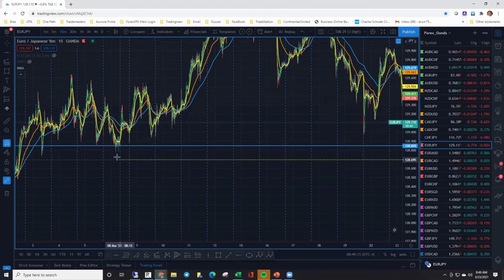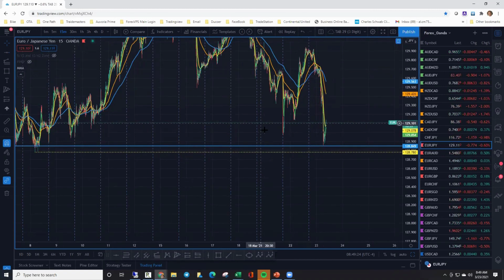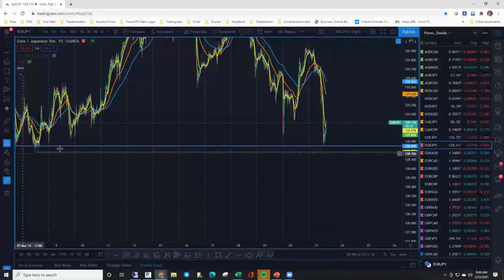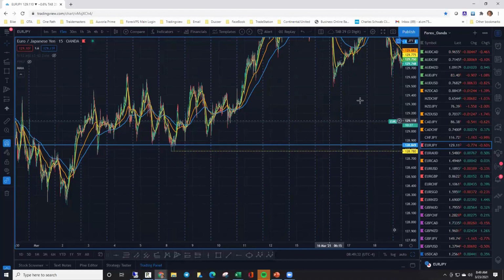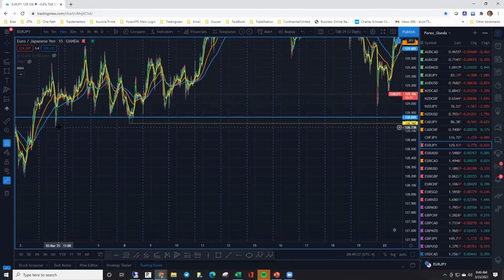This will be the next area. That's where the wicks are. This one's already been taken out. This piece has been taken out. So right now, this is where you found that rejection. This is a level that seems to be important. Now, if it can break through that, then you're looking at coming down to the next area.